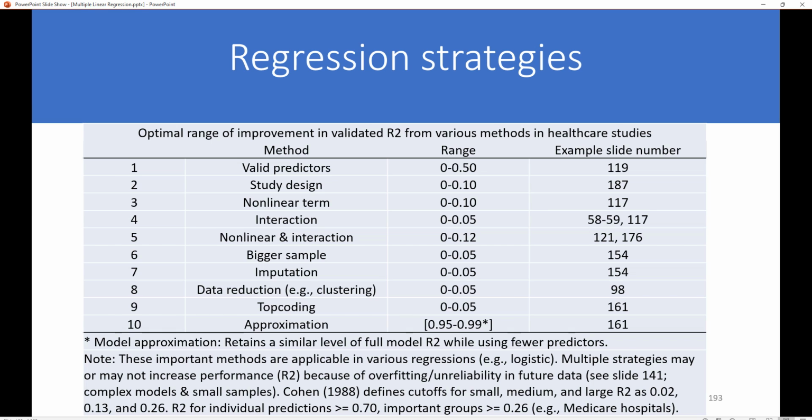And if you don't have that, if your R square is over 0.26, you can still make predictions on important groups, not individuals, which you would do if your R square was greater than or equal to 0.70. But if you wanted to make predictions on important groups, then with an R square of about 0.26 or higher, and that's what Medicare does, you can use predictions that way.